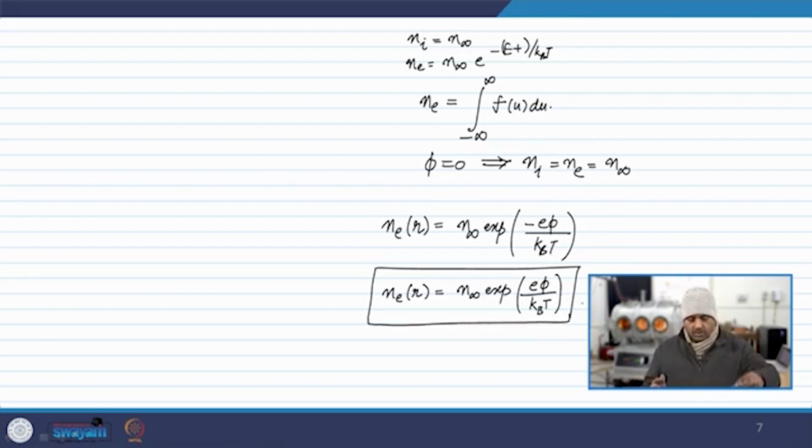Okay. Now, let us use these things and try to derive an expression for the Debye potential. Now, we have del square phi equals E times Ne minus Ni. So far, we are good, right.